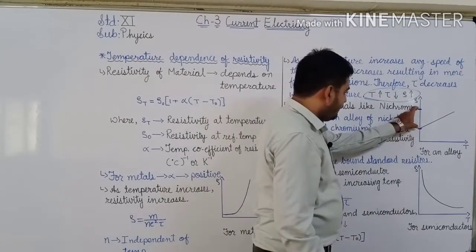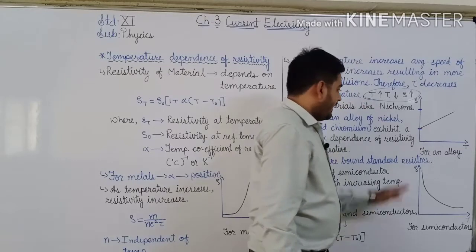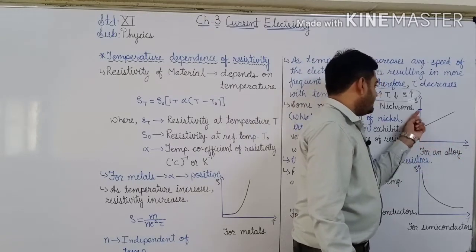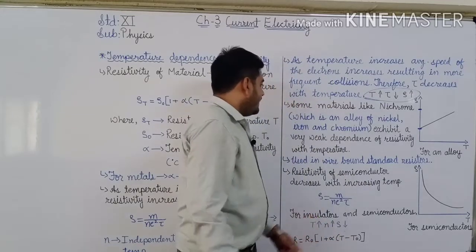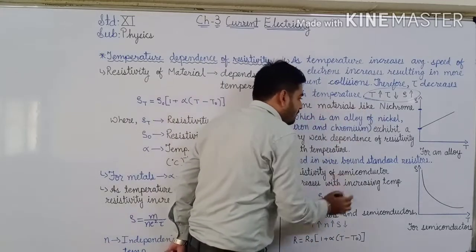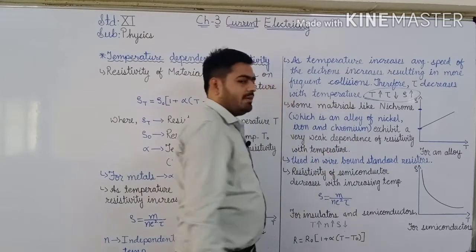There is a minor difference at this point and at this point. It means as the value of temperature increases, there is a minor change in resistivity. So we can say that some materials like nichrome exhibit a very weak dependence of resistivity with temperature.